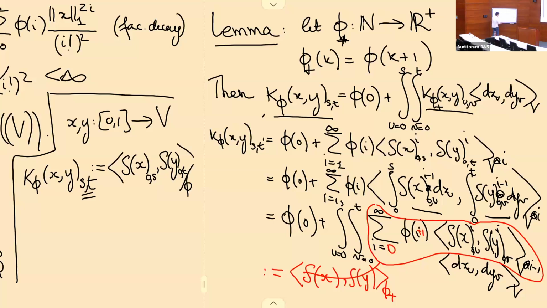And therefore, this is equal to k phi plus of xy uv. So that's where it comes from.